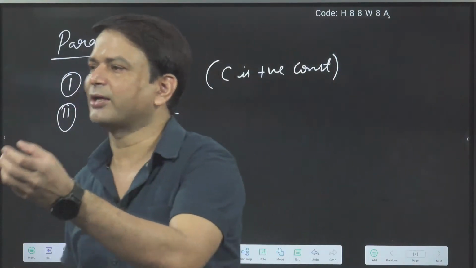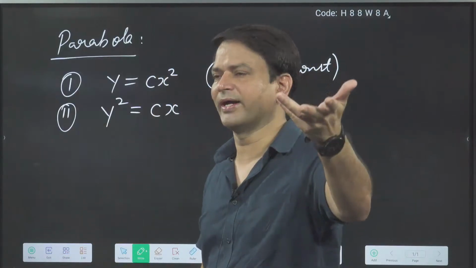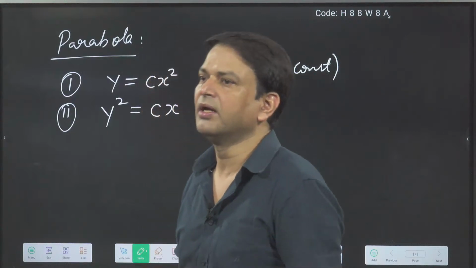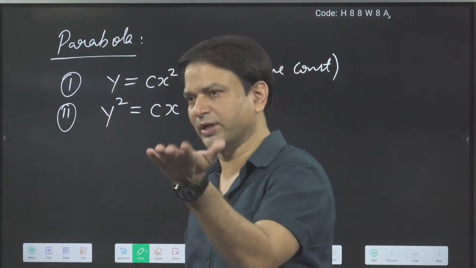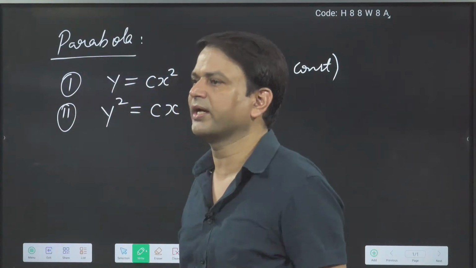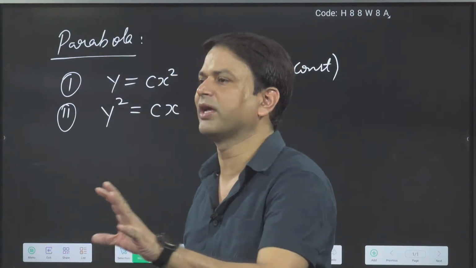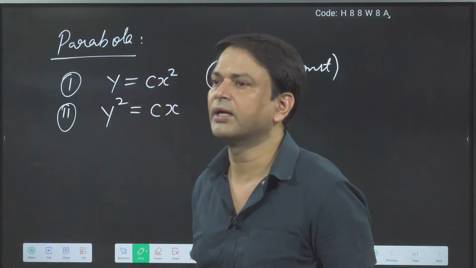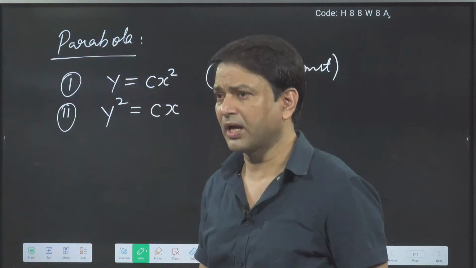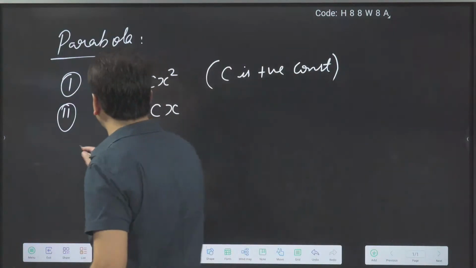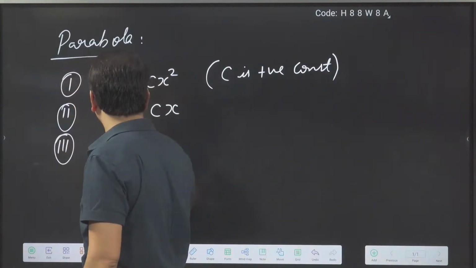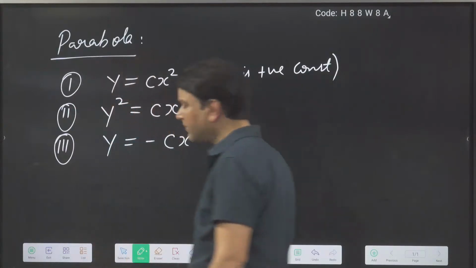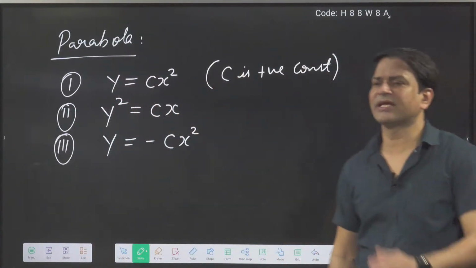One more thing, a constant we can multiply with either y or x, it doesn't matter. Like c is a constant, so 1/c is also a constant. The constant will not affect the pattern. The pattern will ultimately be a parabola. So these two are one form. Another possibility is that we put a minus sign on one side: y = -cx².